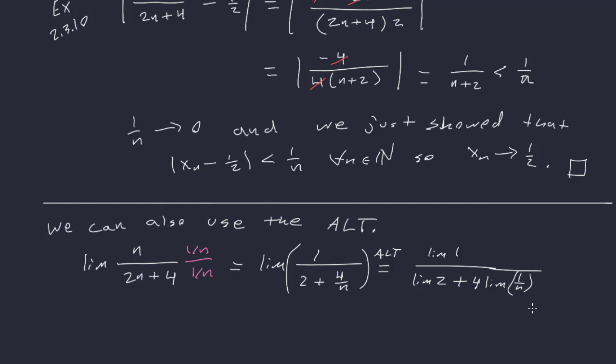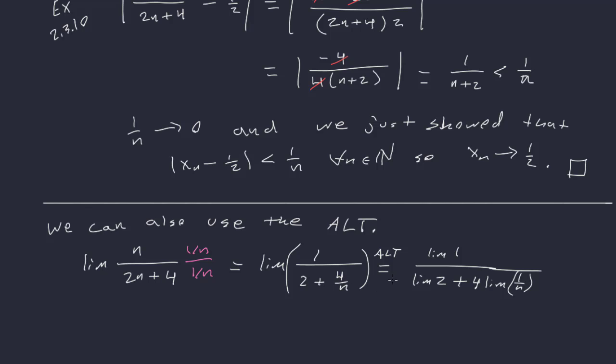So this uses almost all of the algebraic limit theorems, the one with the fractions, the sums, the multiplications. Really, this was the constant multiplication rule.